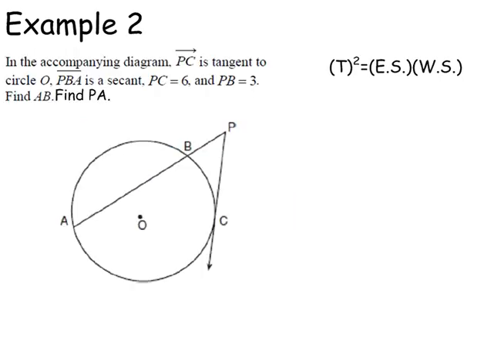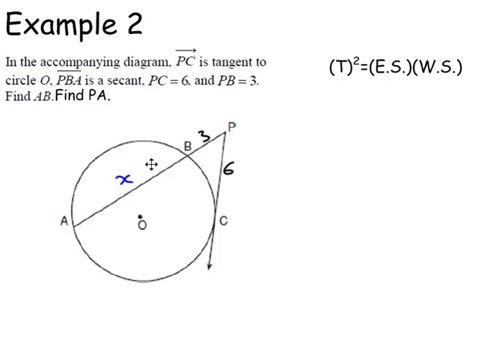Example 2. In the accompanying diagram, PC is tangent to circle O, PBA is a secant. PC equals 6, so let's go ahead and label that 6. And PB is 3, so we'll label that 3. Find AB, so we will label that X. And then it says find PA, so we'll worry about PA later.